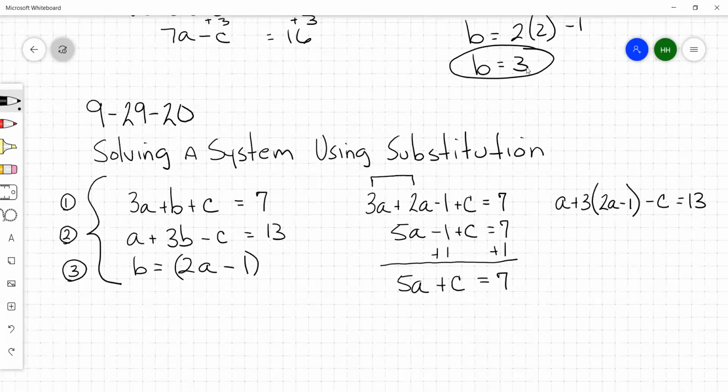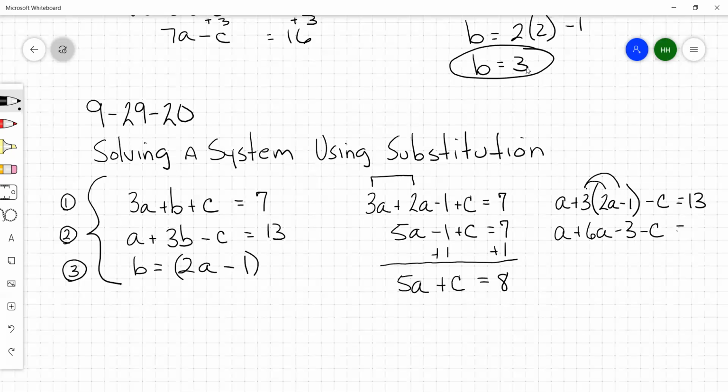In this equation on the far right, we need to do the distributive property here. Yes? I sure did. That should be an 8, shouldn't it? Thank you, sir. 7 plus 1 is definitely not 7. There we go. All right, and then we got a plus 3 times 2a is 6a. 3 times negative 1 is negative 3.